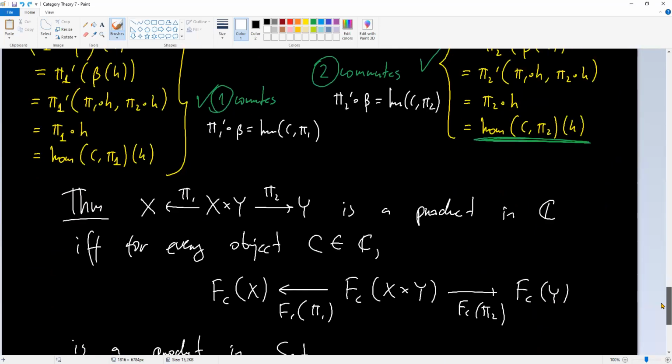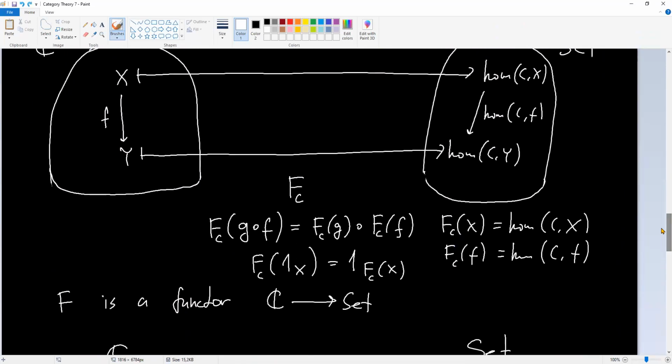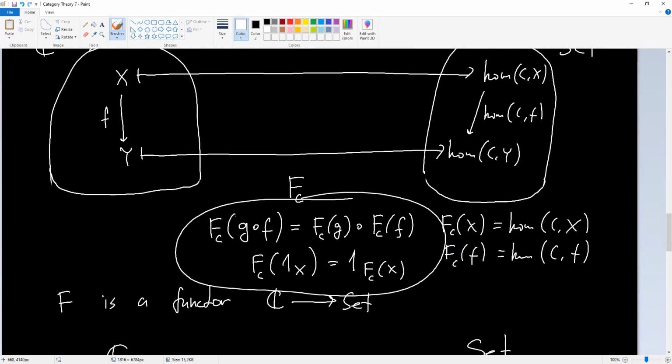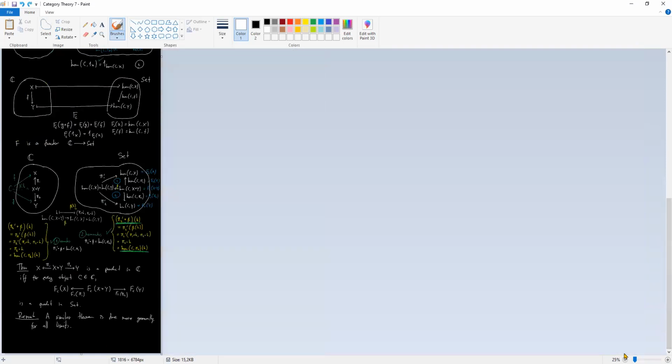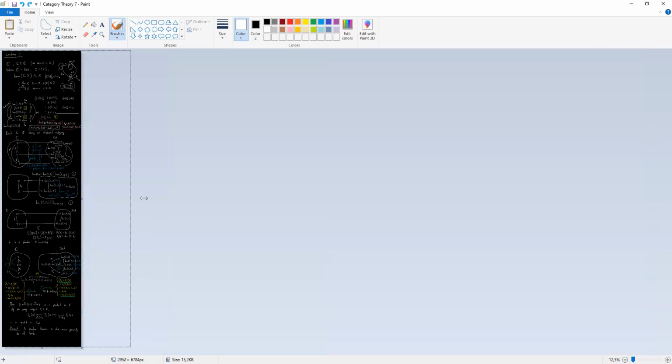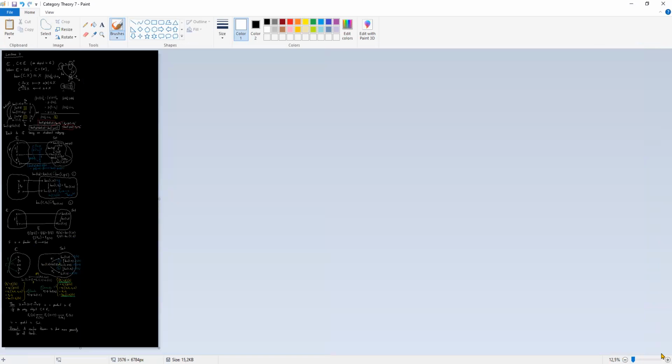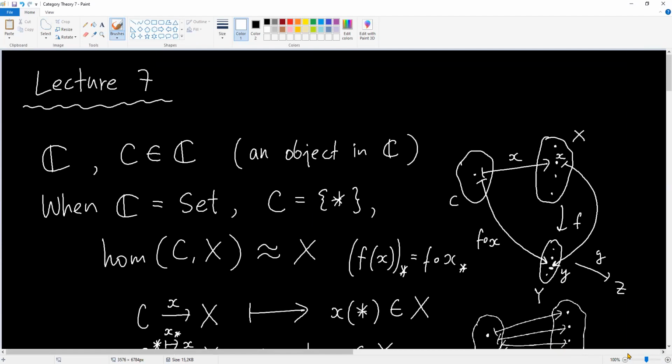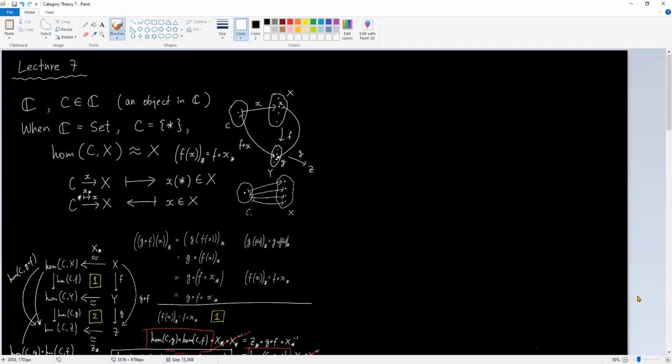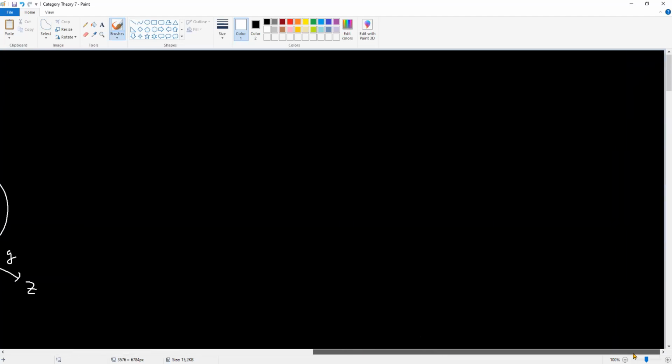So I'm now talking about the idea of transportation that obeys these two laws. Such a thing is called a functor. And let's define it. And then also give some examples of it that are different from the ones we already considered.